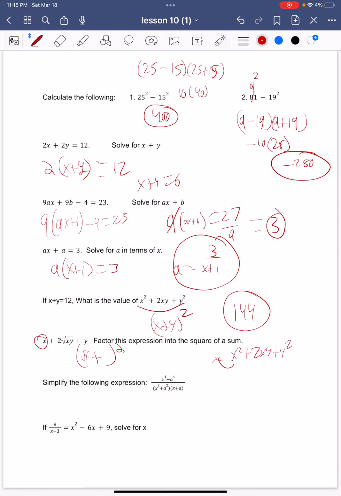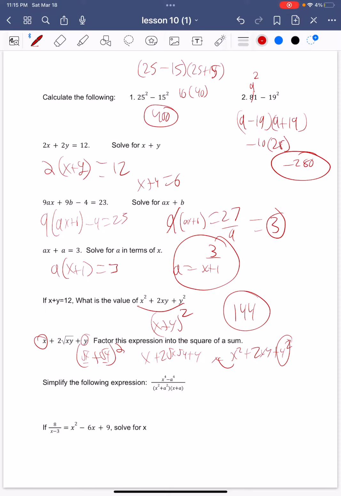And what squared becomes y? That's just root y. And if you end up foiling this out, we get root x squared, which is x, plus 2 times these two. Well, we have root x times root y, plus root y squared, which is y. And 2 root x root y is 2 root xy.